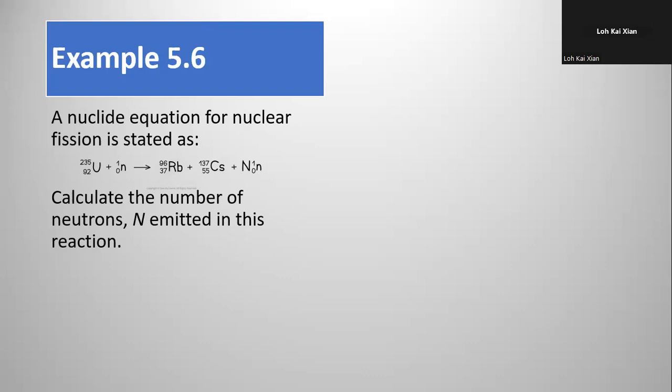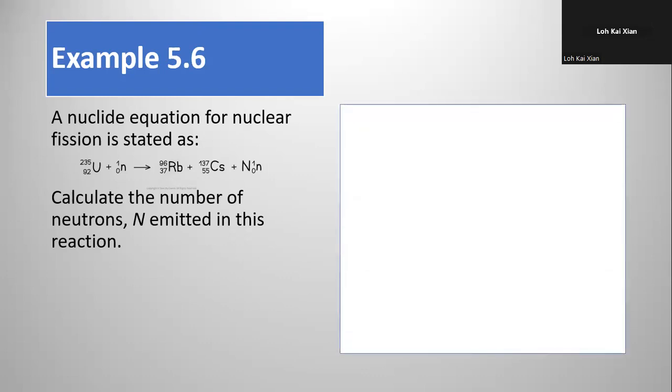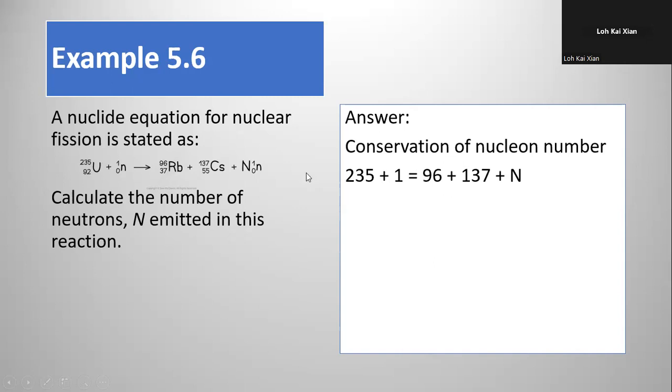Three. Okay, three. Let's see. Conservation of nucleon number, you add the top: 235 plus 1, and then 96 plus 137 plus n times 1. Okay, yeah, right. Three, good.